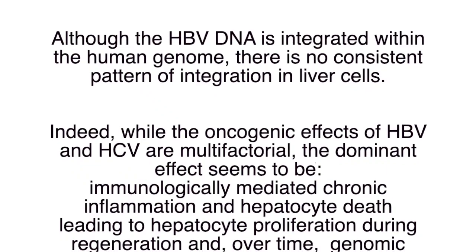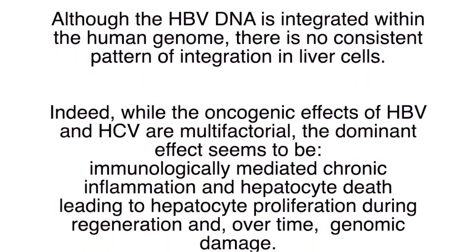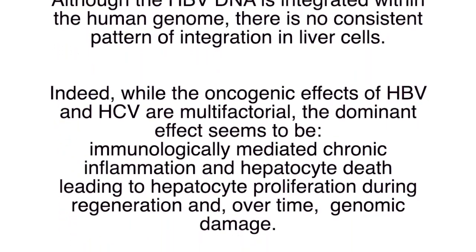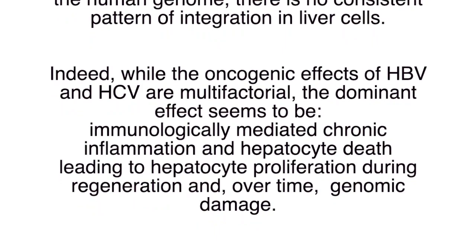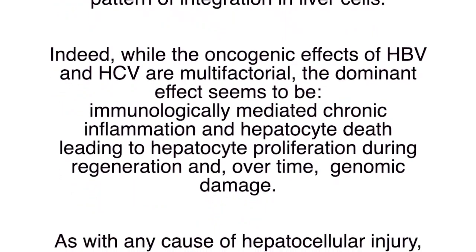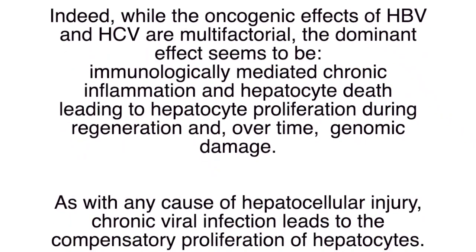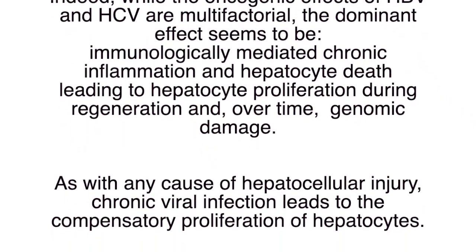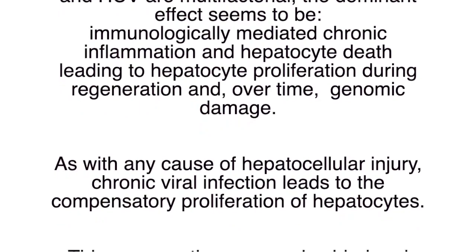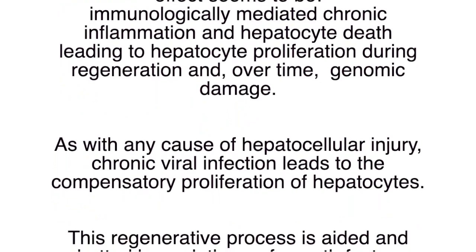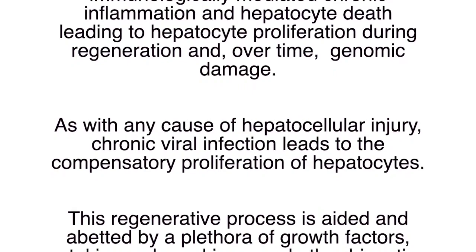Indeed, while the oncogenic effects of HBV and HCV are multifactorial, the dominant effect seems to be immunologically mediated chronic inflammation and hepatocyte death, leading to hepatocyte proliferation during regeneration and, over time, genomic damage.